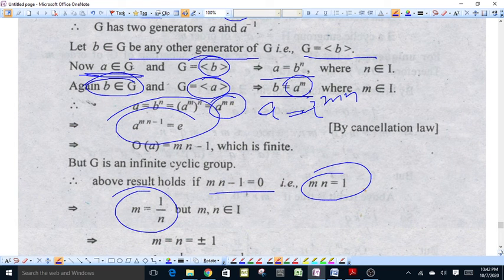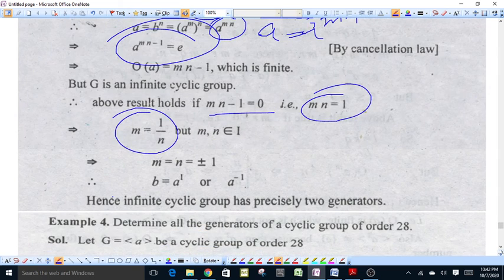But m and n are both integers. Therefore, this is only possible when m is equal to n is equal to plus or minus 1. That is, b is equal to a raised to power 1 or a raised to power minus 1. Hence, an infinite cyclic group has only two generators.